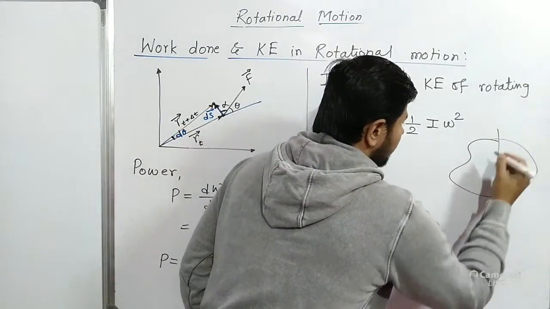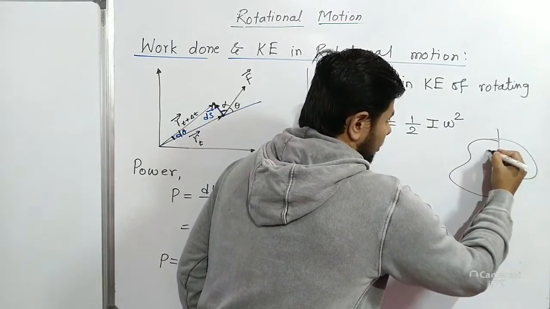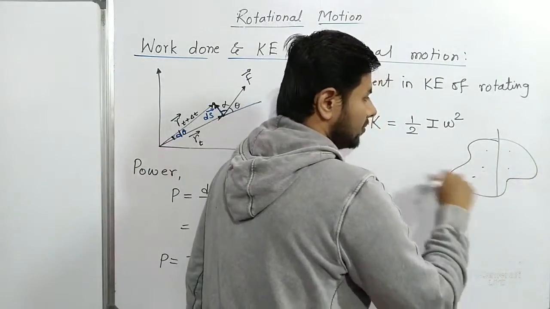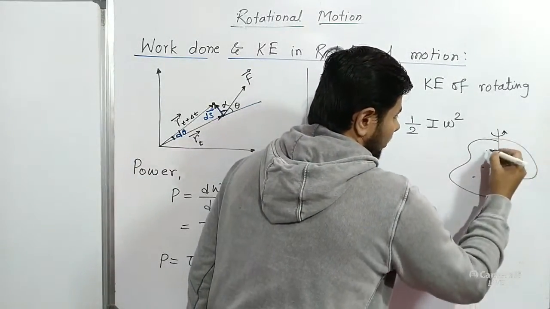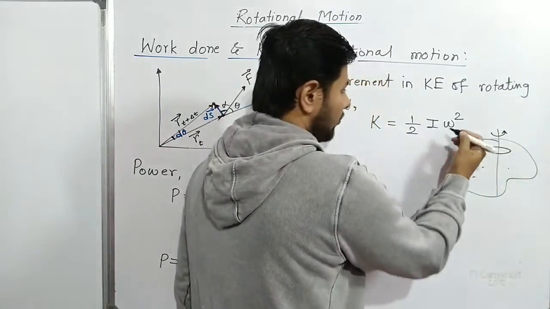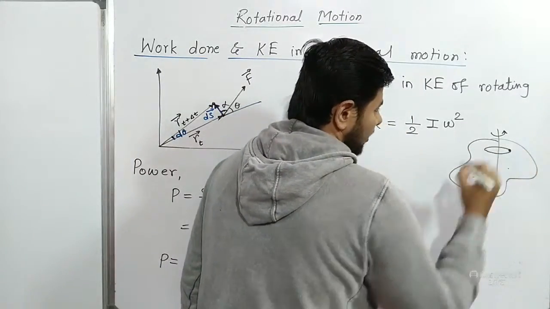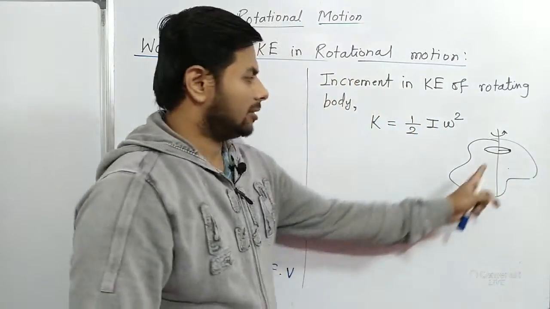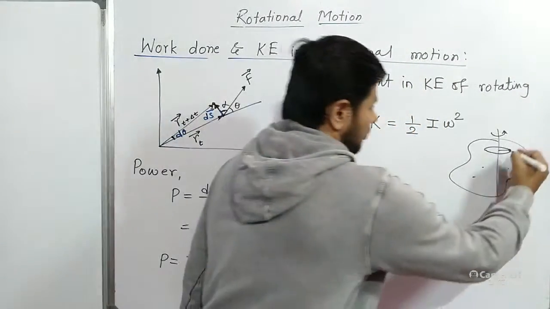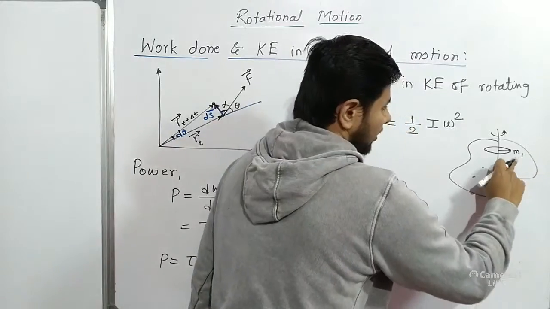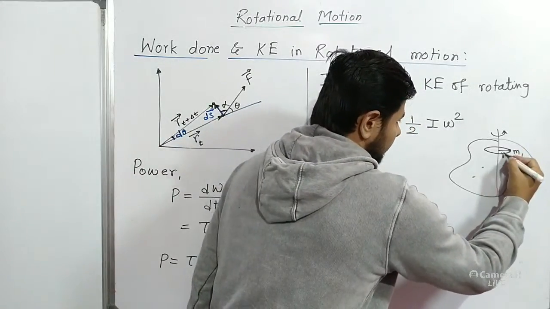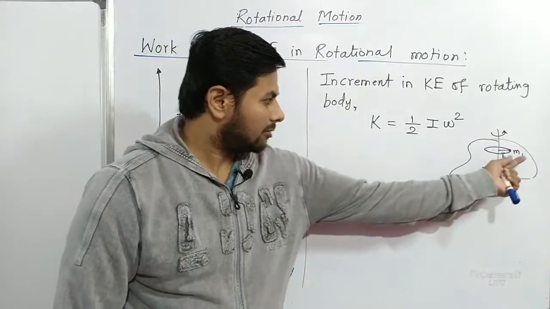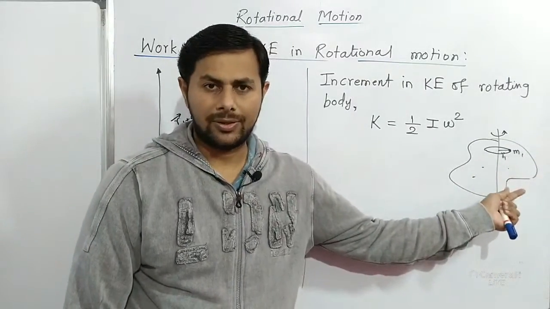And just to recall, what is moment of inertia? If there are n number of particles in the body, all those particles perform rotational motion with the same angular velocity. So for the first particle, its mass is m1, and this is its distance r1 from the axis of rotation, then its moment of inertia is given by m1 r1 squared.